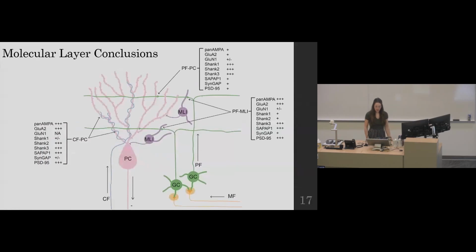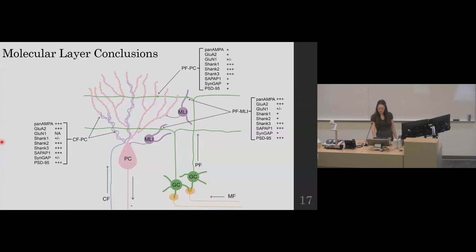So this is just a summary of my overall findings from the molecular layer. These results confirmed a distribution of AMPA receptors to parallel fiber to molecular layer interneuron and climbing fiber synapses, which has been previously shown via electron microscopy, and showed a similar distribution of SAPAP1.